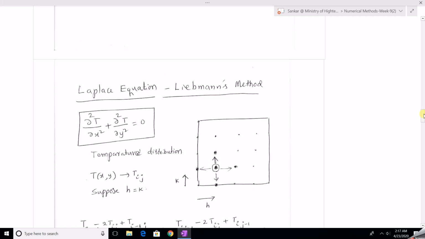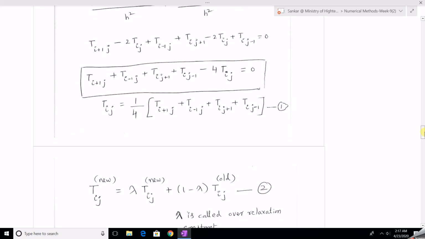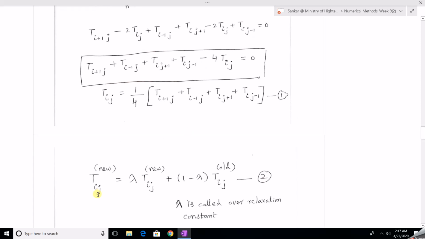And in this method, Liebman's method, we have to use this formula: Tij new, that is the new approximation of Tij, is equal to lambda times Tij new plus (1 minus lambda) Tij old. This is called the formula for over relaxation. To find a better approximation, we use this formula in Liebman's method.